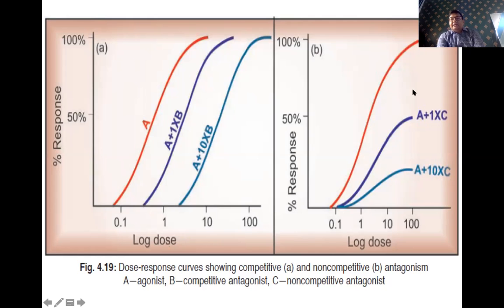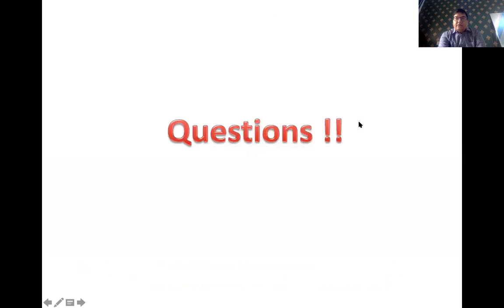But in the non-competitive case, graph B shows the non-competitive antagonist, where we are not going to achieve the response even after increasing the dose of the drug. So this is the non-competitive antagonist.